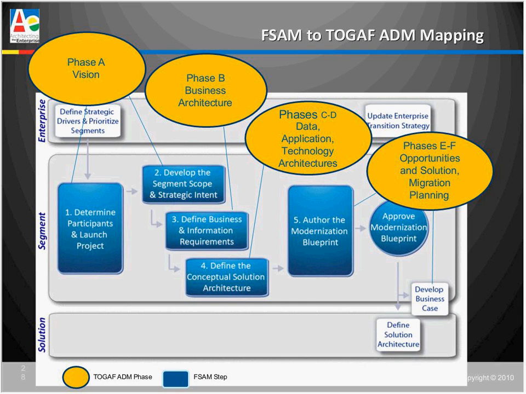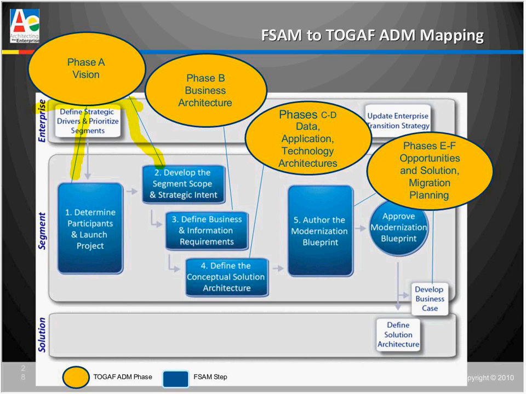I wanted to quickly show you how we can map FSAM, the Federal Segment Architecture Methodology, to TOGAF. Phase A in TOGAF maps to Step 1 and Step 2 of FSAM, which I think is pretty straightforward.